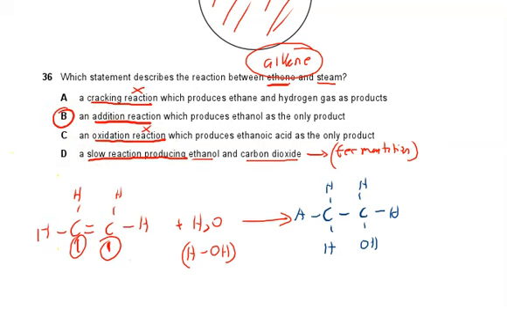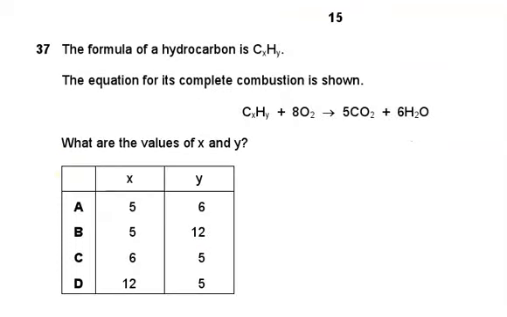Now let us go for 37. The formula of hydrocarbon is CxHy. The equation for its complete combustion is shown. Here we have 5 carbon, so your x will be 5.